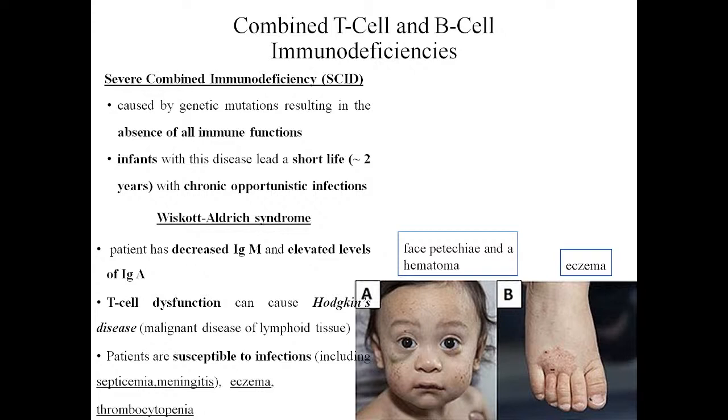Hodgkin disease is a malignant disease of lymphoid tissue. If there is T cell dysfunction, for example of the thymus, it also causes B cell dysfunction. So Hodgkin disease is one of the most frequent diseases in patients.